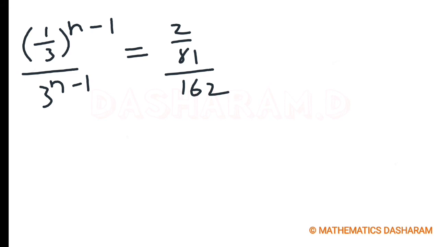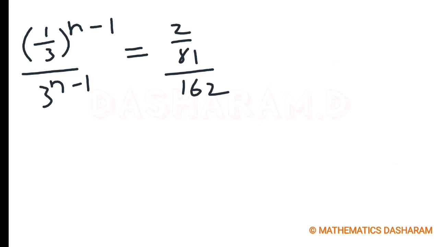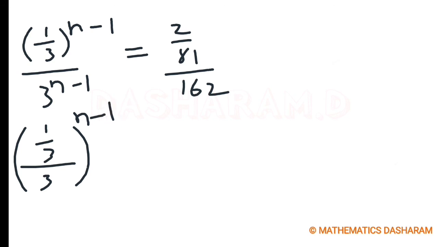Here powers are the same for numerator and denominator. We have a formula: a to the power m divided by b to the power m equals (a/b) whole to the power m. So then 1/3 divided by 3, whole power n minus 1.